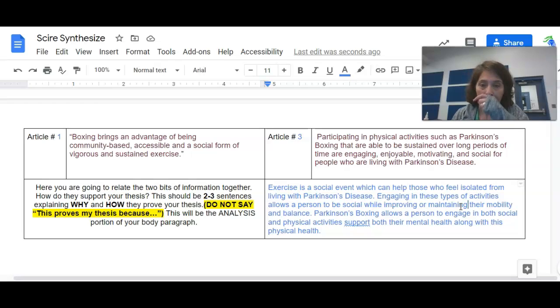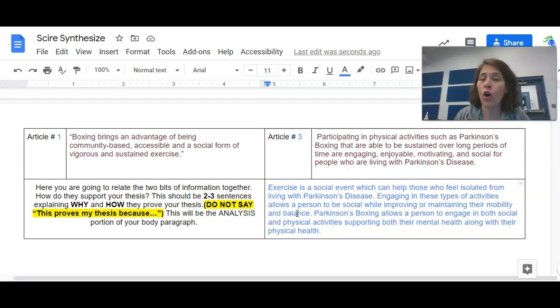Parkinson's boxing allows a person to engage in both social and physical activities, supporting both their mental health along with their physical health. So I have just synthesized these two pieces of information. I've read them and I put them together in my own words here. And I explained how and why exercise, and specifically Parkinson's boxing, is good for a person with Parkinson's disease. This is an analysis. This is what we're looking for when you're putting two ideas together.